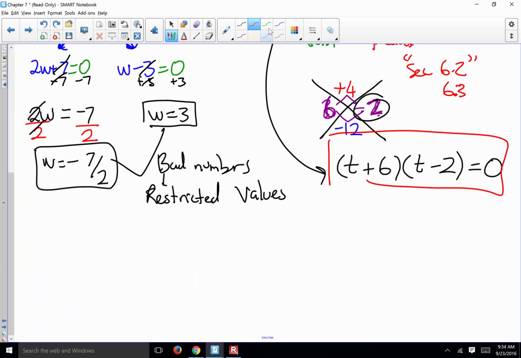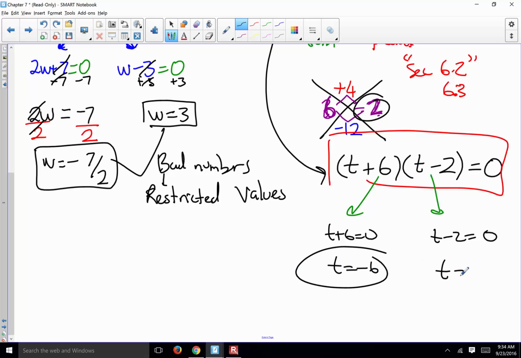Alright, we're not done yet. What is the next stage? Yeah, set each one to 0. T plus 6 equals 0. T minus 2 is 0. T is negative 6. T is 2. You just take the opposite of these numbers at this stage. Put it to the other side by subtracting 6 from both sides and adding 2 to either side here.